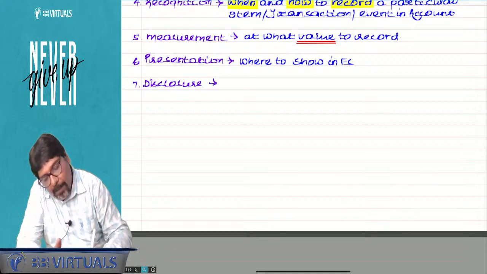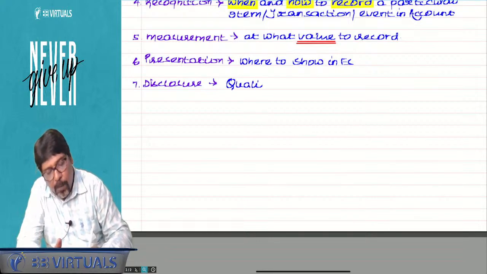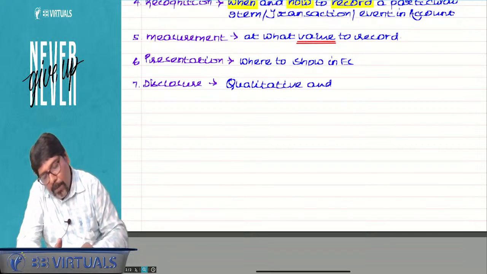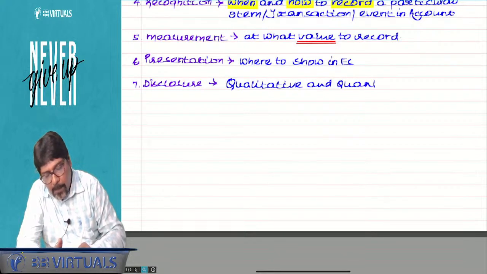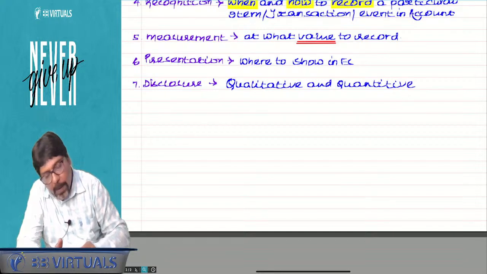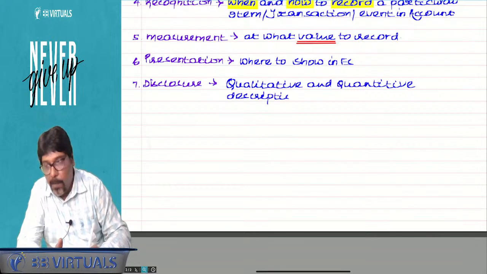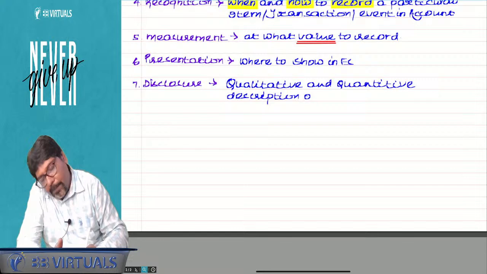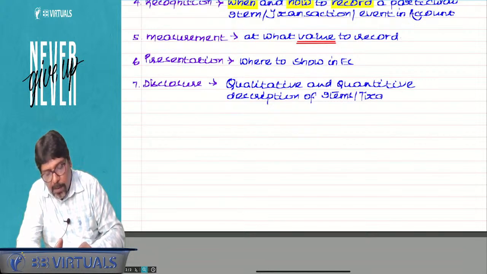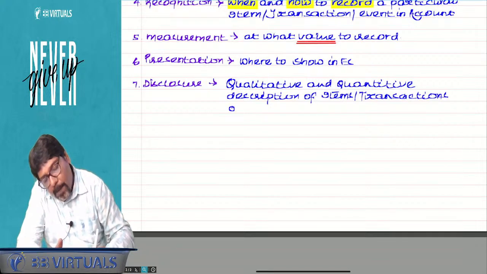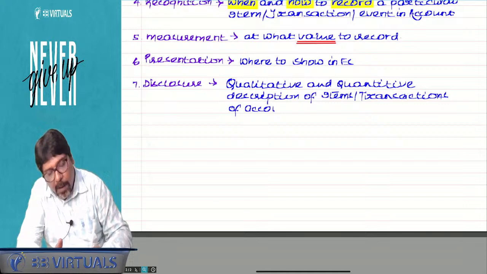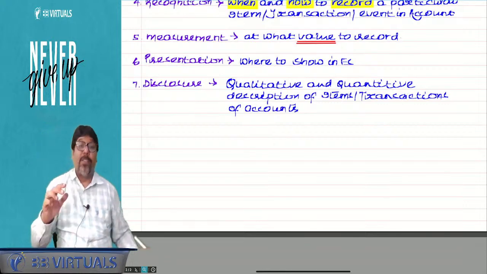Qualitative and quantitative description of items or transactions is known as disclosure.